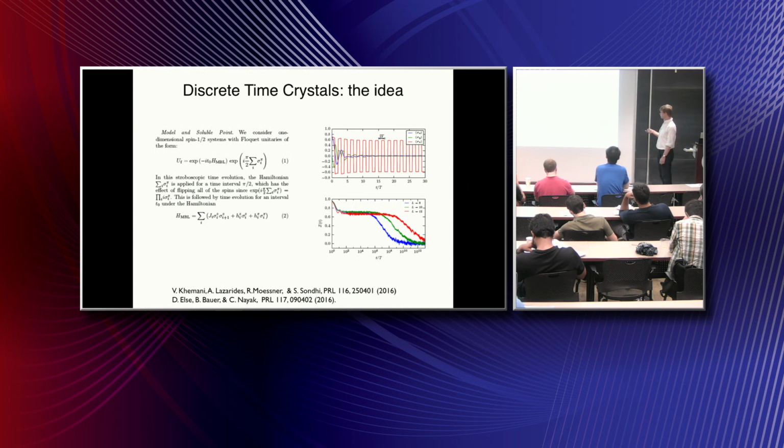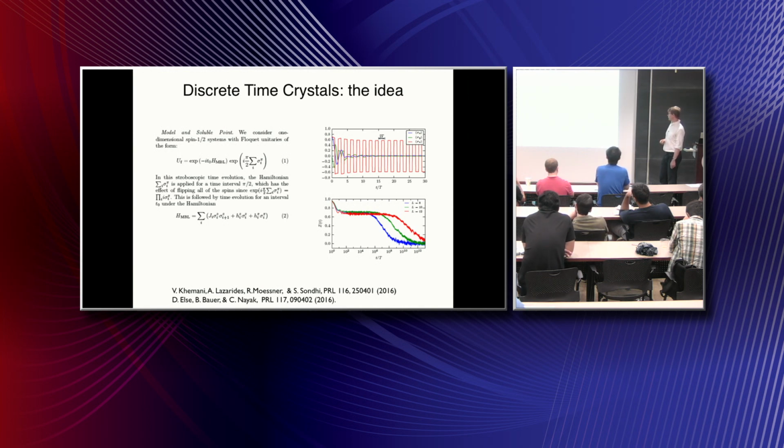This Hamiltonian has some Ising interactions, but also some random field components. These papers argued that this combination of interactions should produce a 2T periodic response.